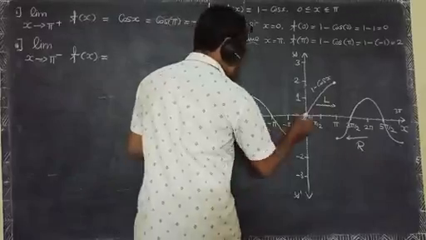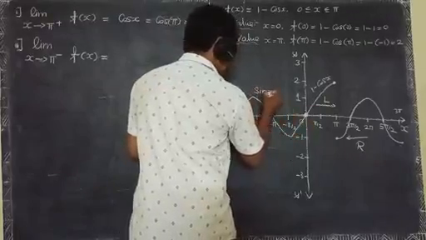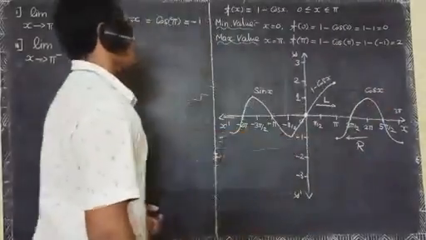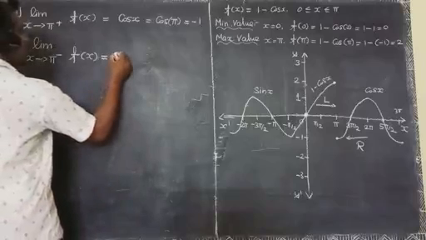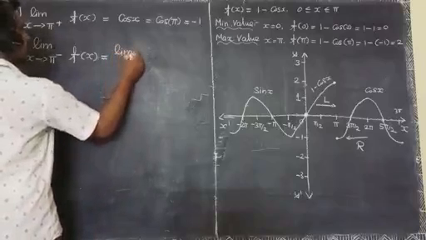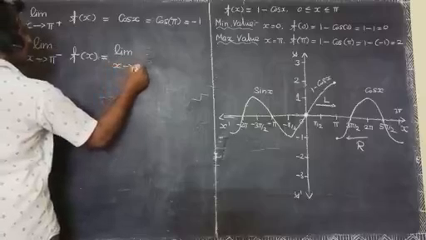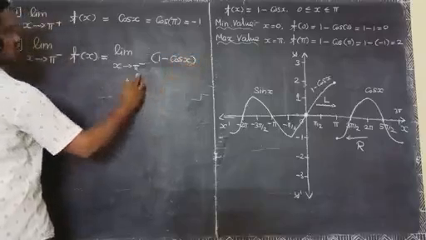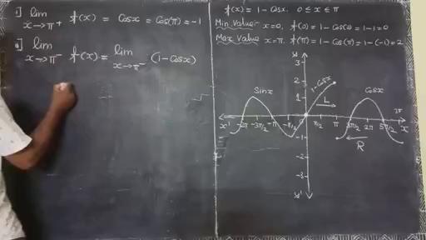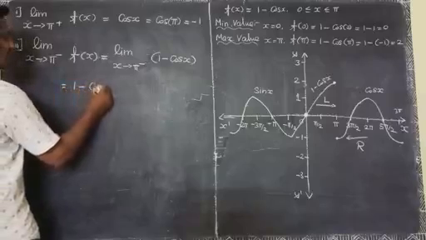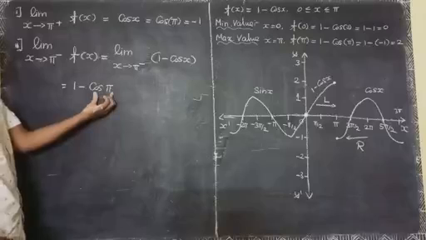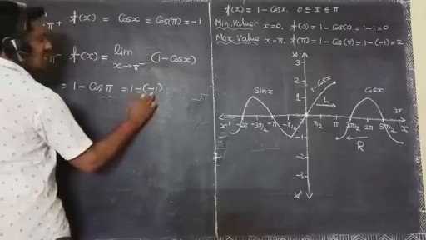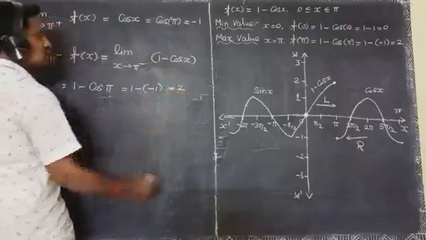This is sin x, this is cos x. Here choose the function 1 minus cos x. Limit x tends to pi minus of 1 minus cos x. Now substitute x equal to pi into here, that is 1 minus cos pi. The value of cos pi is minus 1. 1 minus minus 1, minus of minus is plus 1, that value is 2.